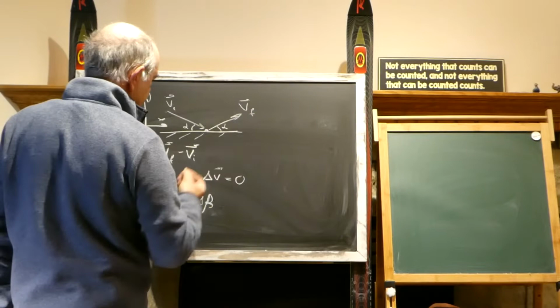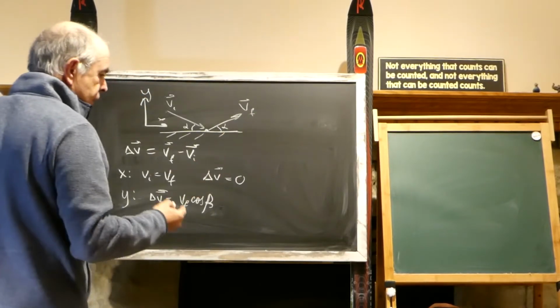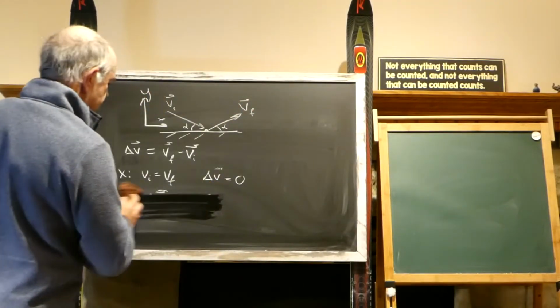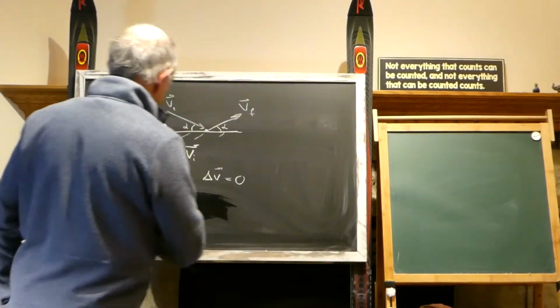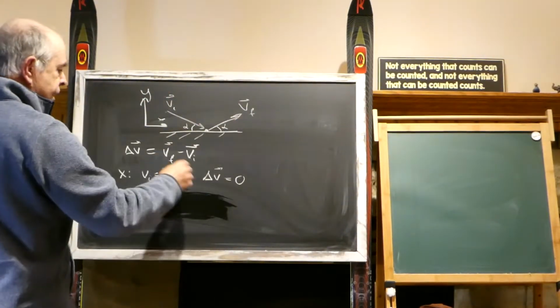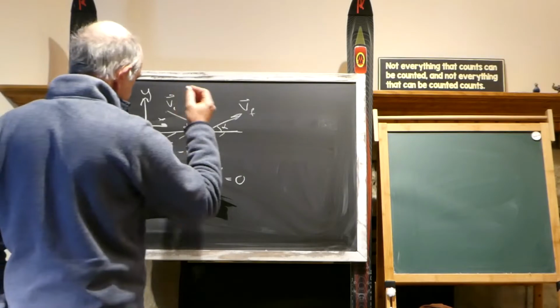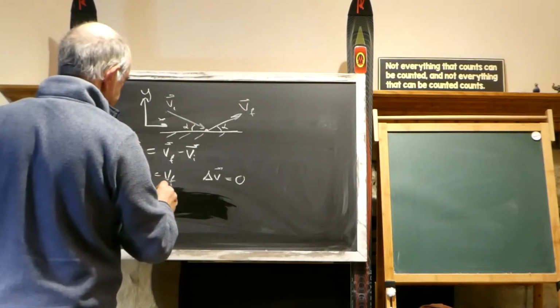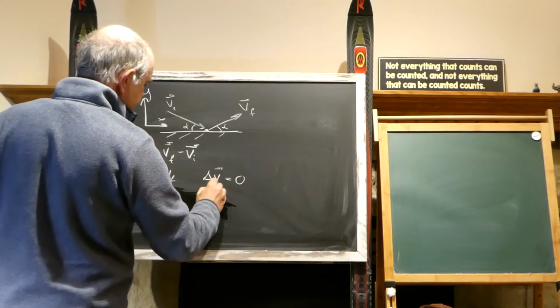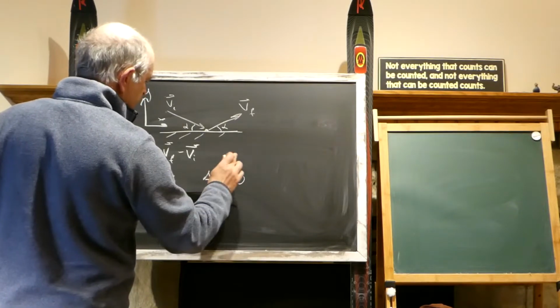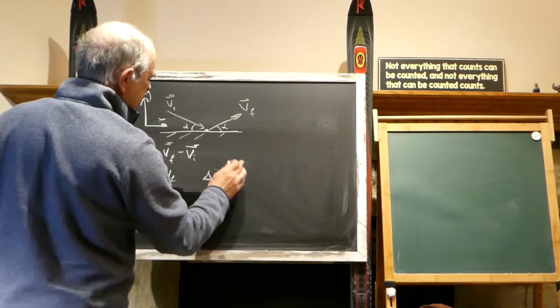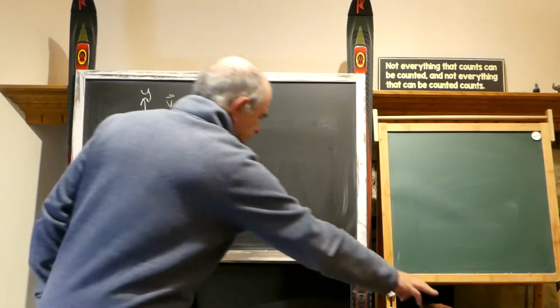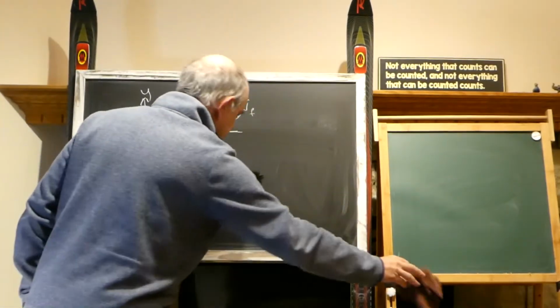It cannot be a different angle. I skipped one thing: along the x-axis delta v equals 0, and that assumes there is no energy loss. I will deal with this slowly, I will not jump.